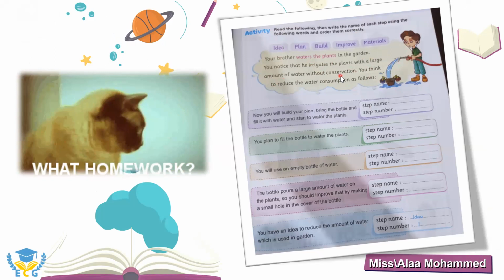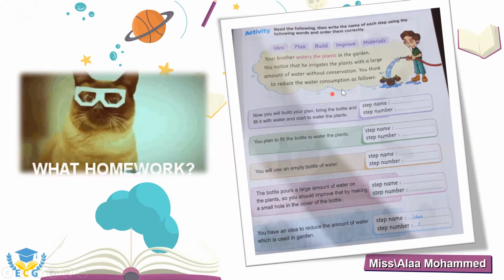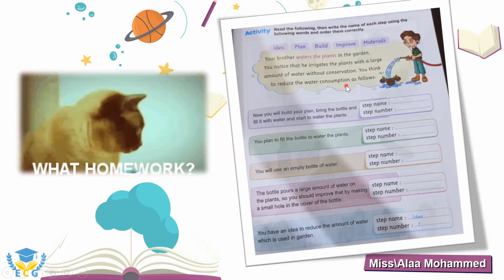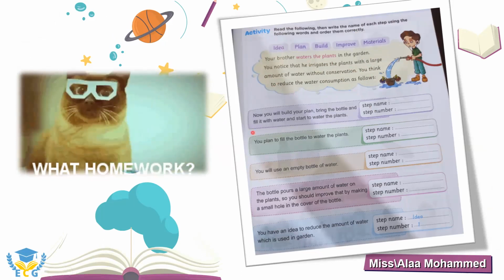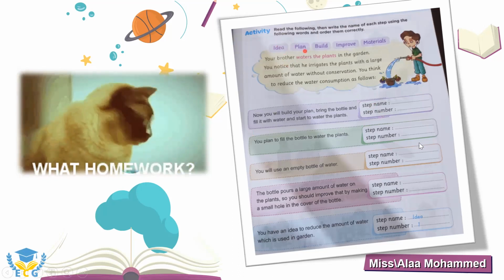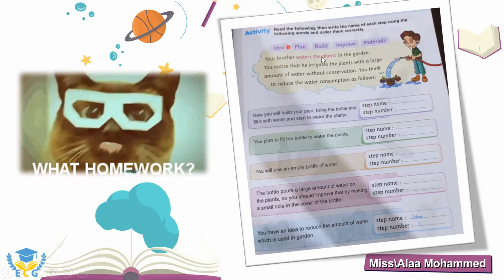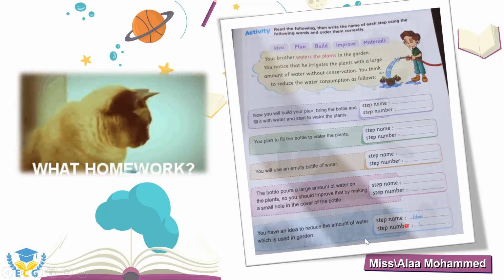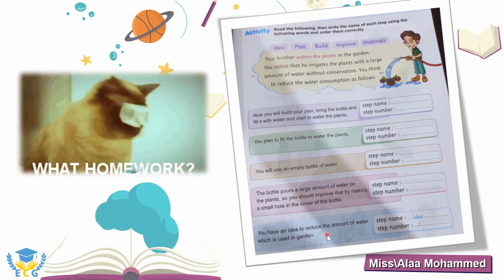So we need to think about an idea to solve this problem and reduce the water. You need to tell me what the steps are here. Number 1 is the idea. Here you have an idea to reduce the amount of water used in the garden. We have here the remaining 4 steps, and I need you to solve them.